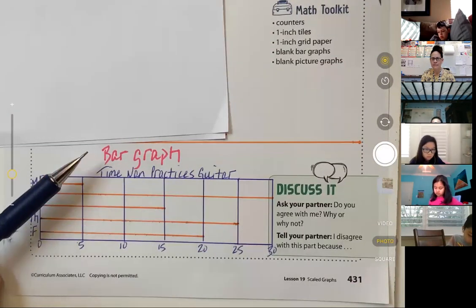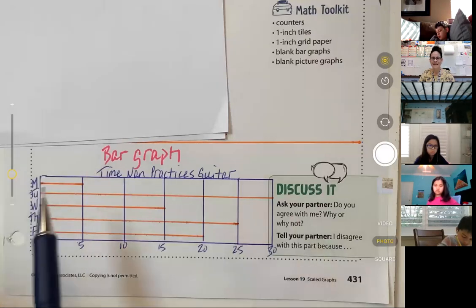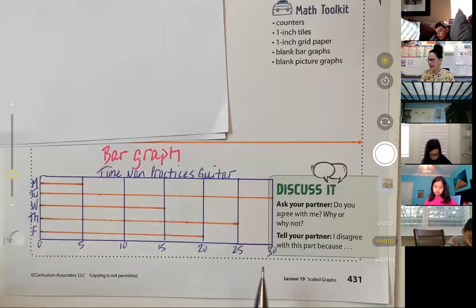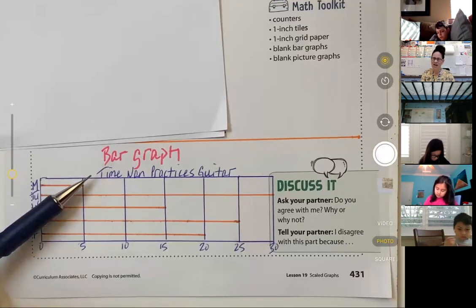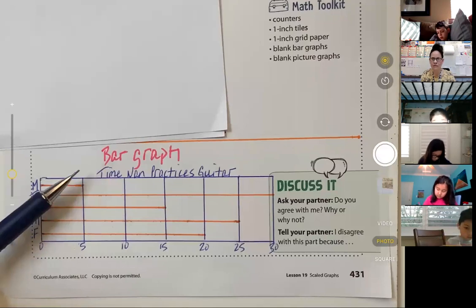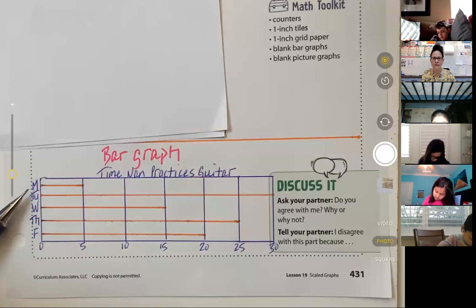And you can see, again, I've made another rectangle here, right? And again, I've titled it the same thing, the time Nan practices guitar. Over here on the left, same days of the week, that hasn't changed either. Monday, Tuesday, Wednesday, Thursday, Friday.